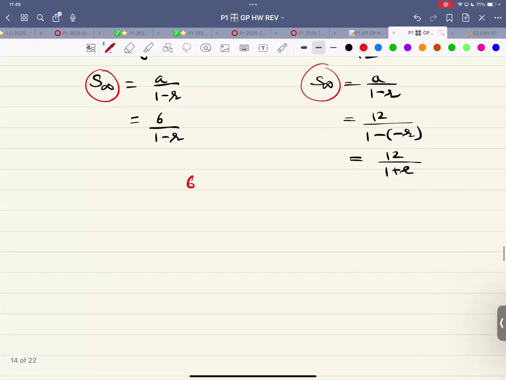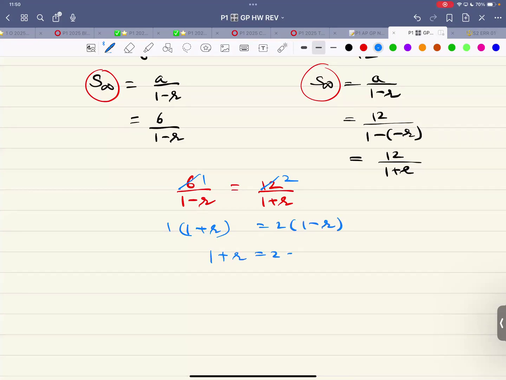So first of all, 6 over 1 minus R is 12 over 1 plus R. Cancelling 6 ones and 6 twos, 1 plus R is 2 times 1 minus R. 1 plus R is 2 minus 2R. 3R is equal to 1. Therefore, R comes out to be 1/3.